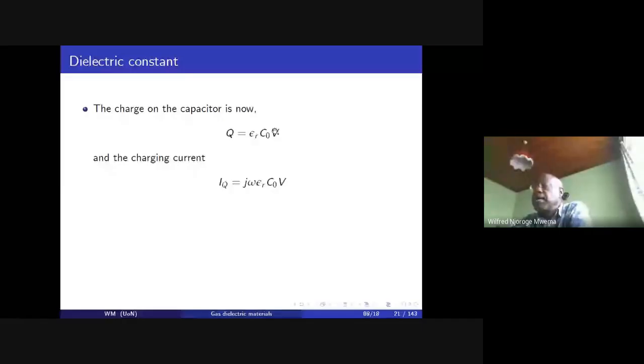And therefore, the charge on the capacitor will be given by Q equals epsilon R multiplied by the free space capacitance multiplied by V, and the charging current will therefore be given by I equals J omega epsilon R C naught V.